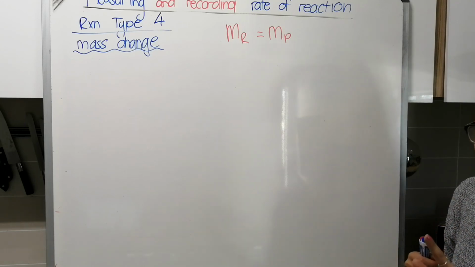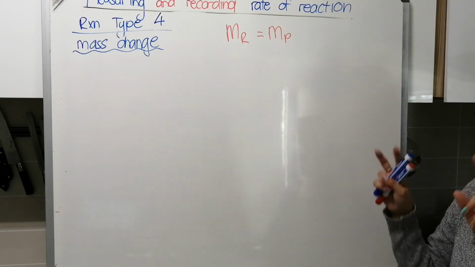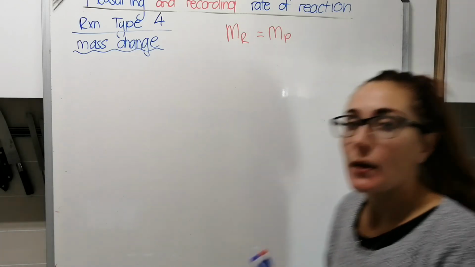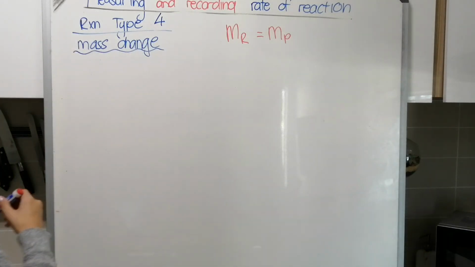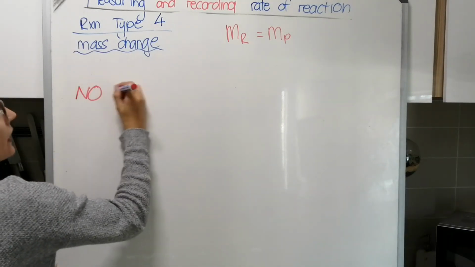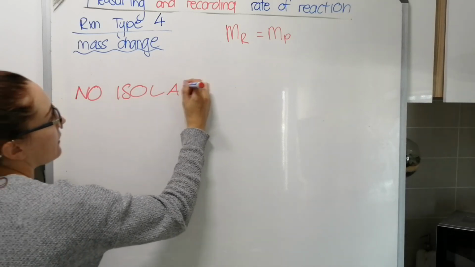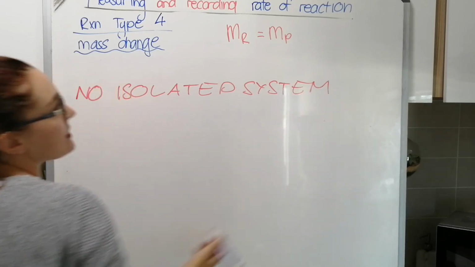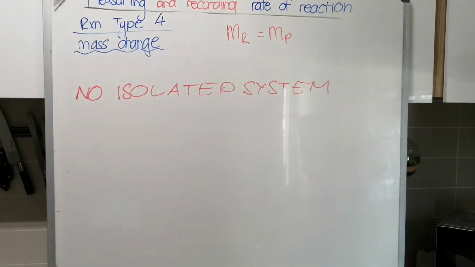So, in order for us to have a mass change and not be breaking the laws of physics, we must be in a scenario where we do not have an isolated system. What that means is you've got to let the gas escape, which in real life means you either make sure you're dealing with something that is not a harmful gas, or, if you are dealing with a harmful gas, you would have to do this experiment inside a fume cabinet, or a fume closet, which is something we don't have at school, but when you go to varsity, you'll see them.